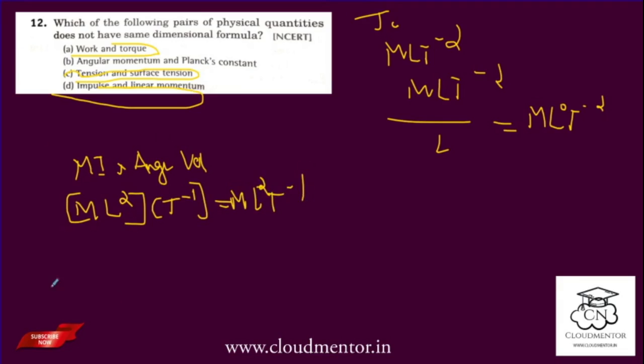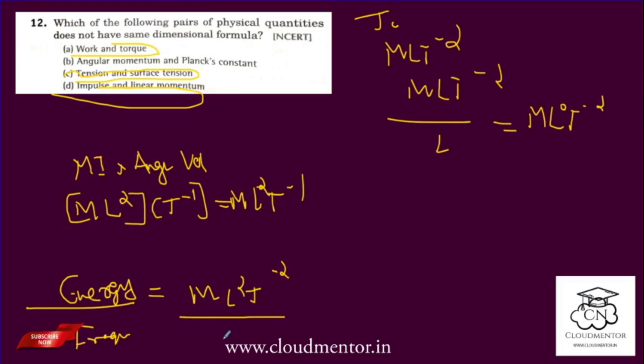And for Planck's constant, that is energy divided by frequency, which is ML squared T raised to minus 2 divided by T raised to minus 1, and that is equal to ML squared T raised to minus 1.